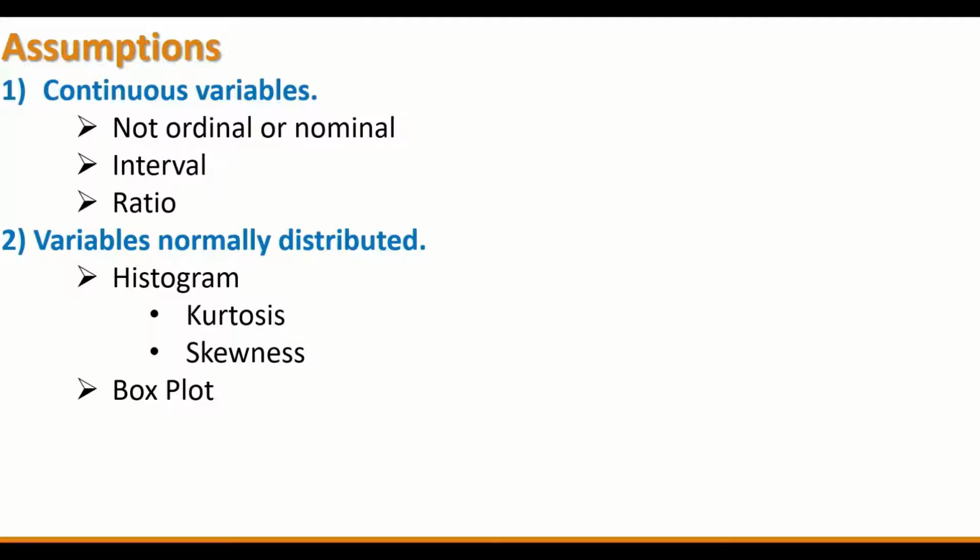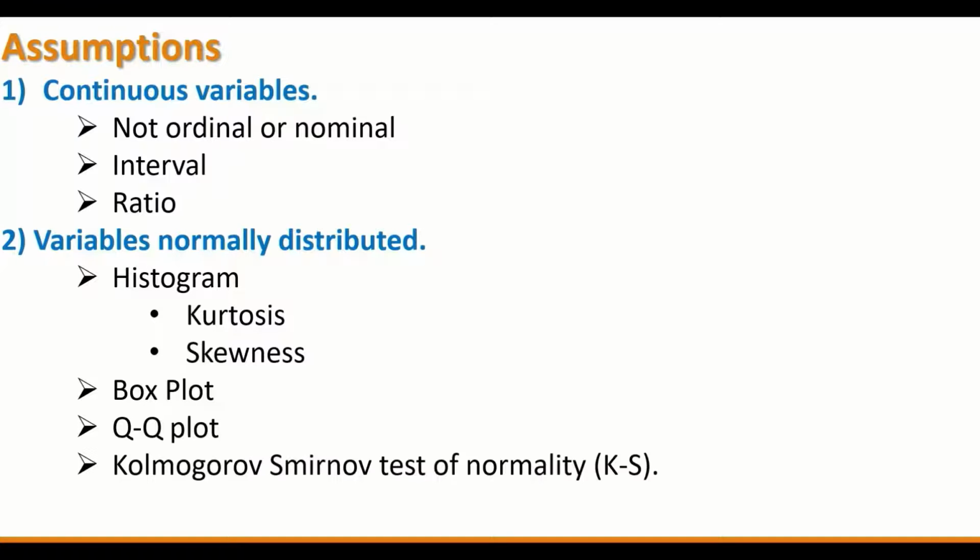And again, there is a video clip on the channel to follow. Another way to check whether the data are normally distributed is to draw a QQ plot and to find whether the data are aligned on the diagonal line or not. Again, there is another video for that.